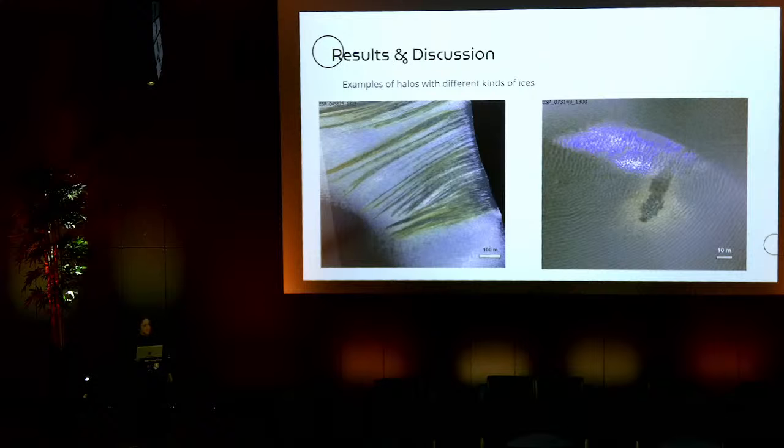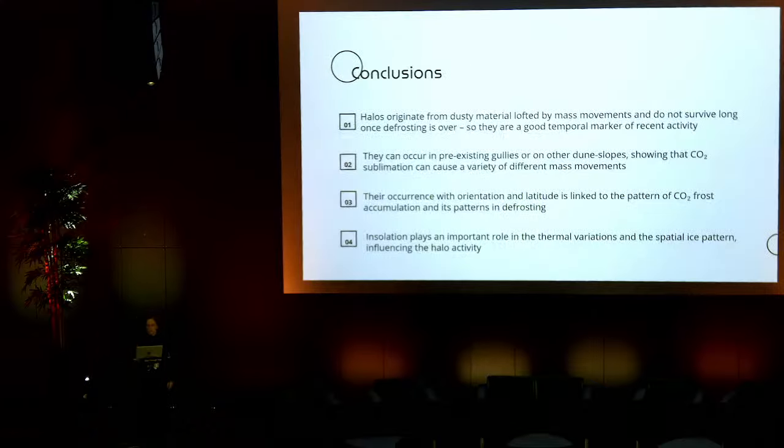On the left-hand side, you can see the opposite scenario where it's the very top of the dune that's defrosted, and then that tumbles down the slope, probably encountering that cold CO2 ice. That CO2 ice is sublimating and throwing out the dust that's in the sand that's collapsed from the very top of that dune.